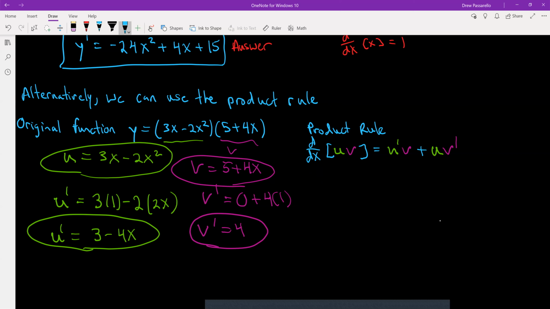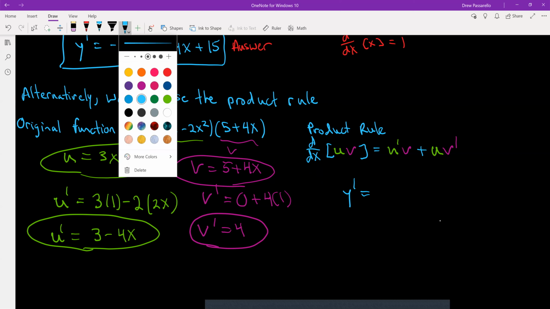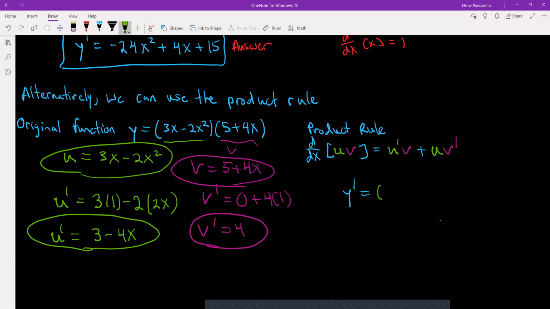So using this formula, we have y prime is equal to u prime times v. Well, u prime is 3 minus 4x, so I'm going to first write that. All right, that's u prime times v, and v is 5 plus 4x.